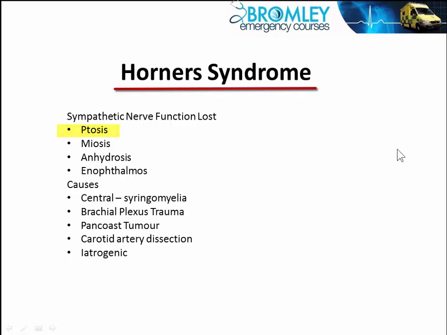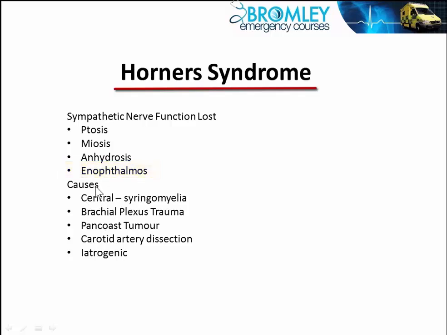It also causes a loss of the dilatation effect in the pupil from the sympathetic nervous supply, so they get miosis. It also causes a loss of sweating from the affected side of the face, anhidrosis. And because of an effect on the muscles around the eye, they also get enophthalmos, and the eye sinks in.